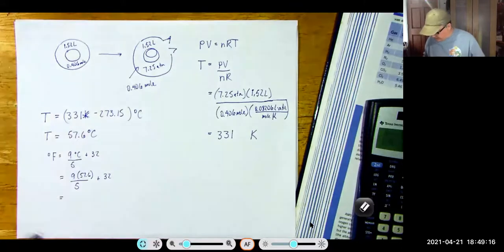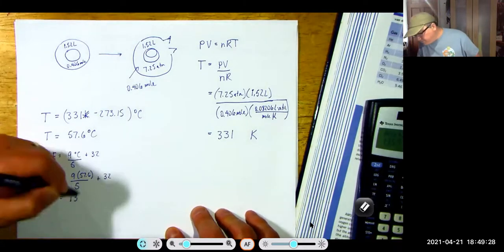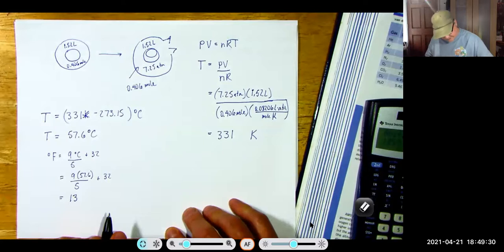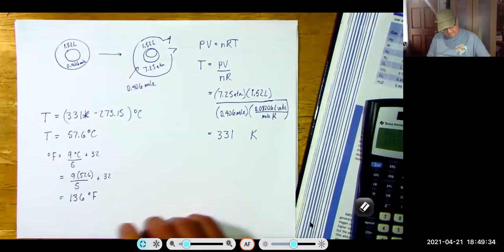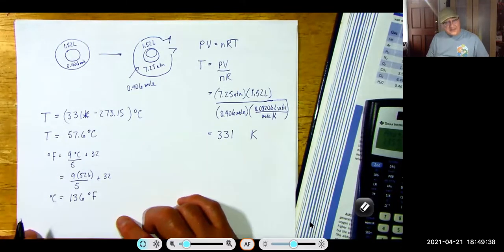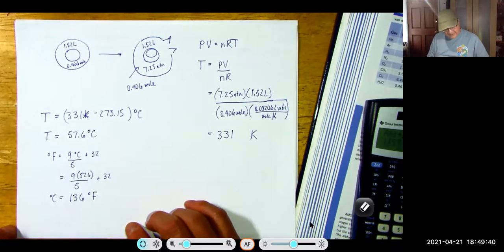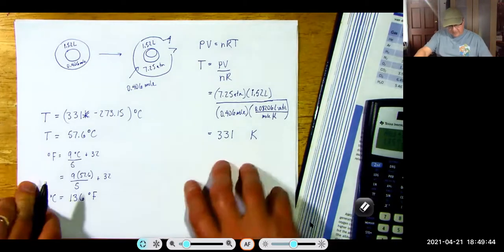So times 9 divided by 5, and then add 32. And that happens to be 136 degrees Fahrenheit. So that seems like a pretty hot day. I don't know that I've ever seen a day that's hot. Okay, so I'm going to put that down.